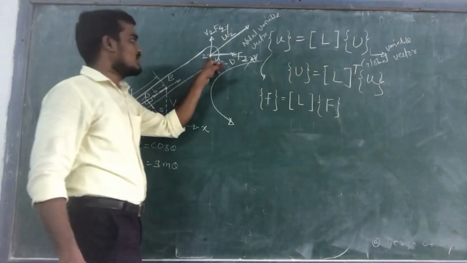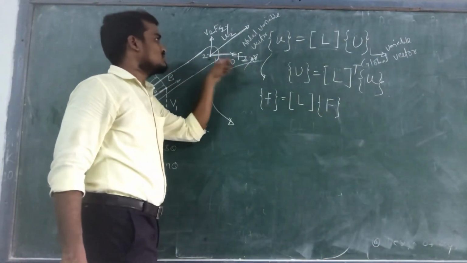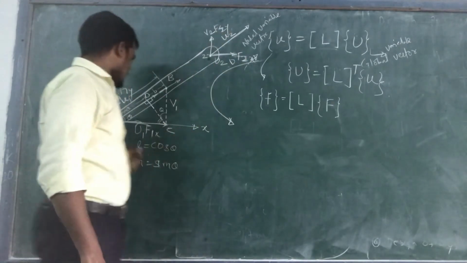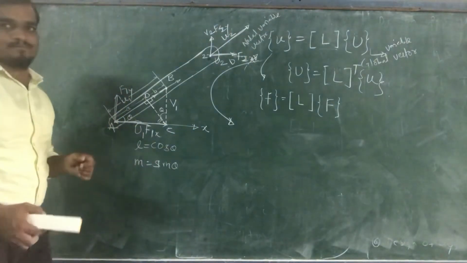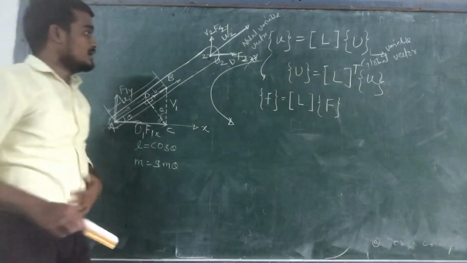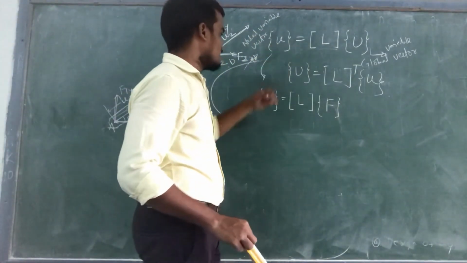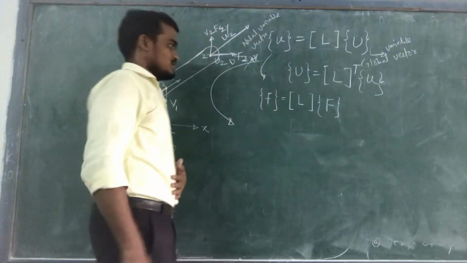Similarly, the force acting at node 2 is in x direction, and this force acting at node 2 is in y direction. So similar to this nodal variable vector relationship, you can write our force vector relationship.